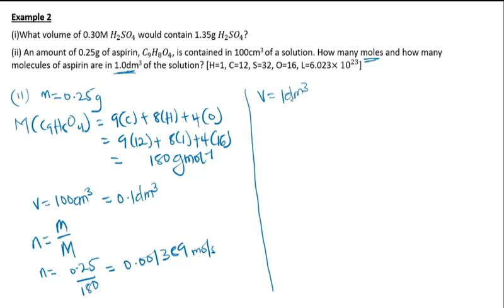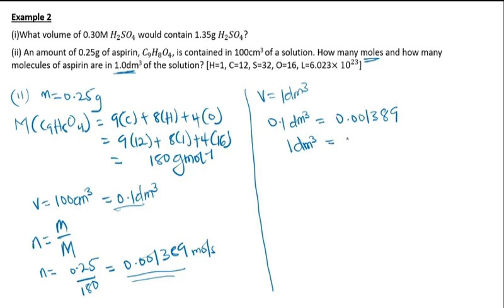Now, we already found the mole in 100 cm cube, which is equivalent to 0.1 dm cube, and that is 0.001389. Then the mole in 1 dm cube will be equivalent to what?